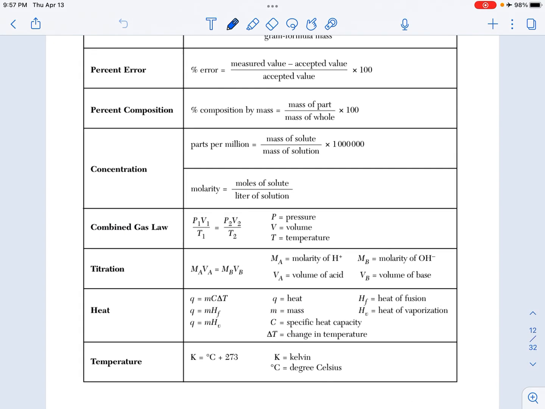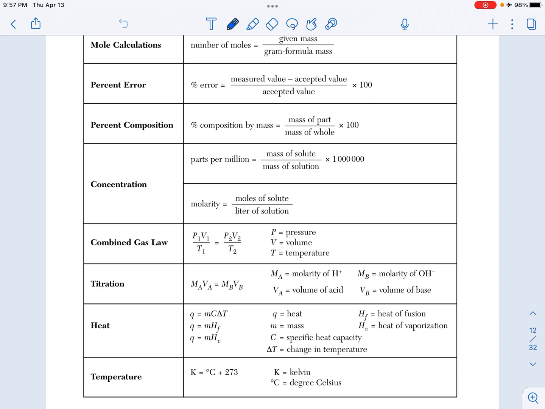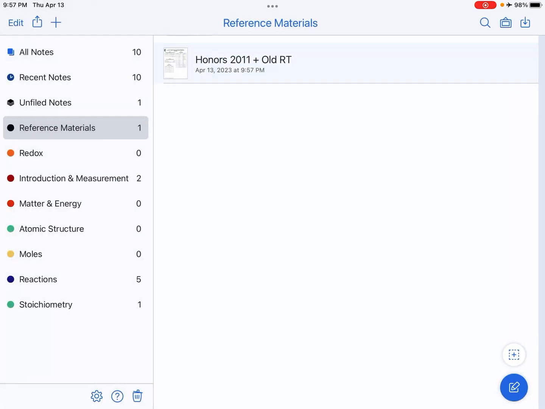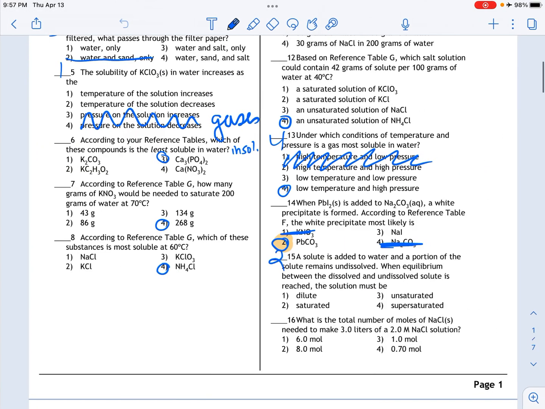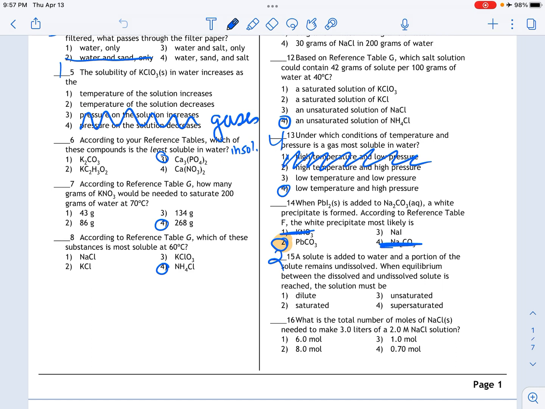So we're looking at the concentration, molarity. Molarity equals moles of solute over liters of solution. So back here, it says molarity, 2, put it over 1, cross multiply, is equal to moles of solute over liters of solution. You just cross multiply. So 2 times 3 is 6.